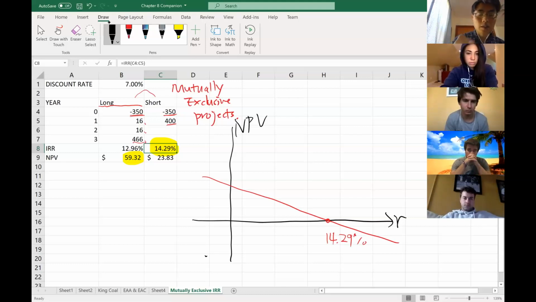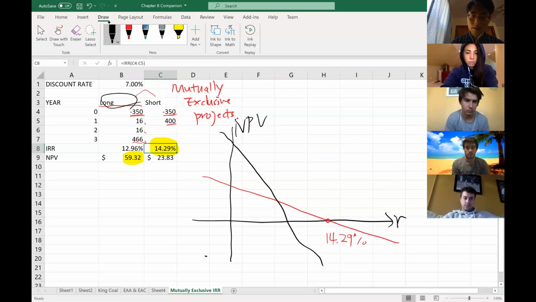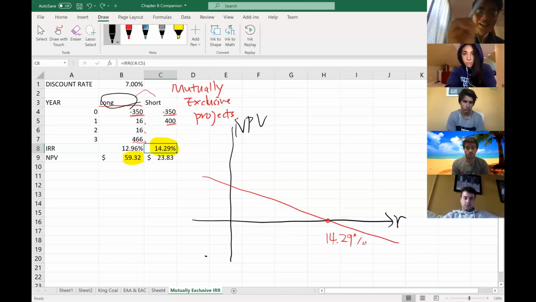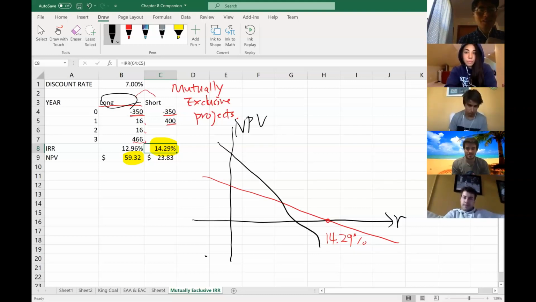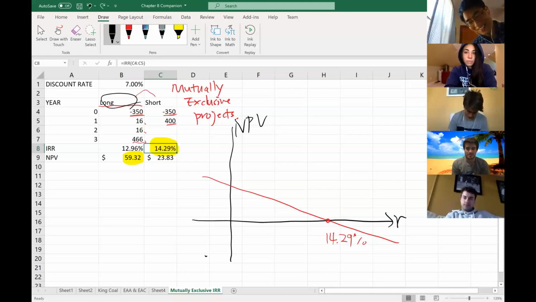Think about the long-term project, this one. Because it's a long-term project, its NPV is more sensitive to changes in interest rate. So its NPV profile is steeper, like this. Let me try it again. Its NPV profile is steeper, even worse, like this.